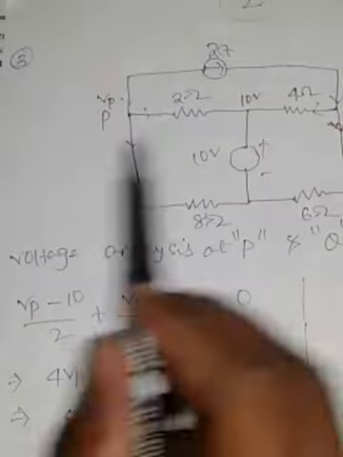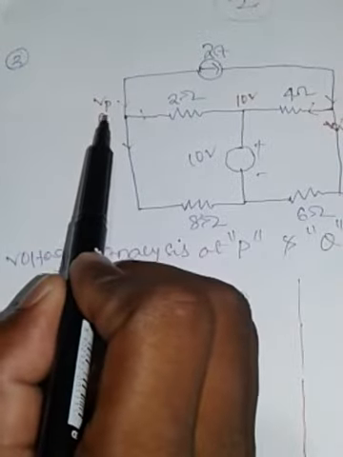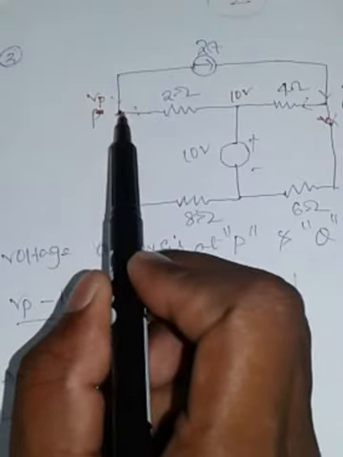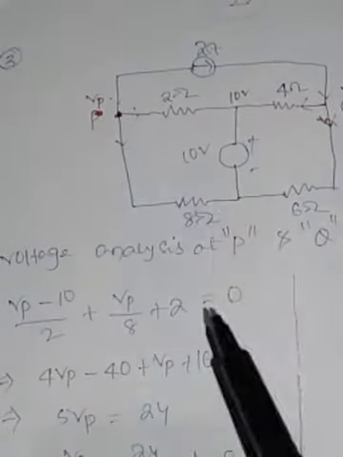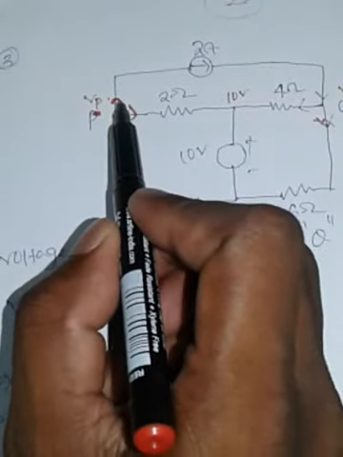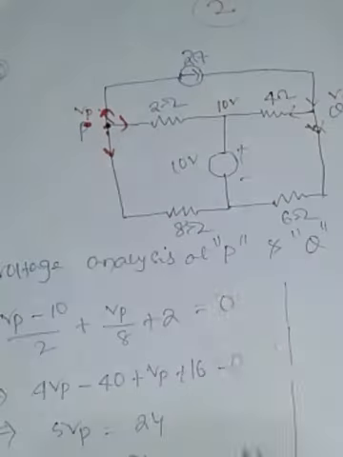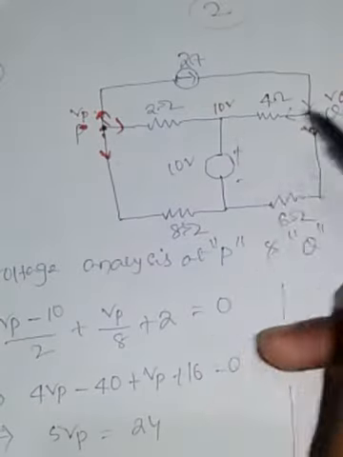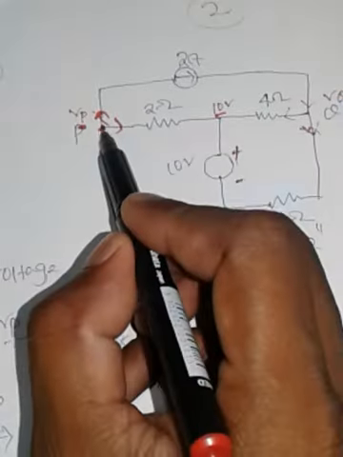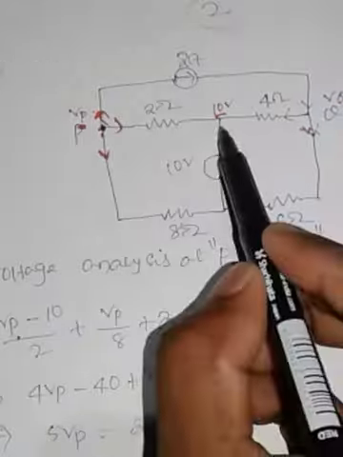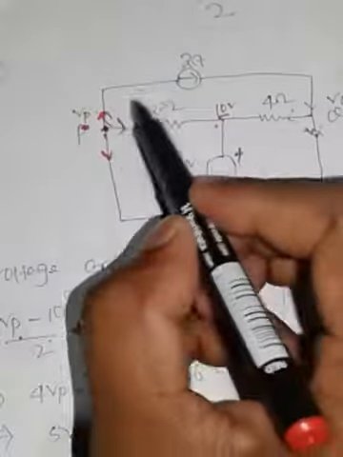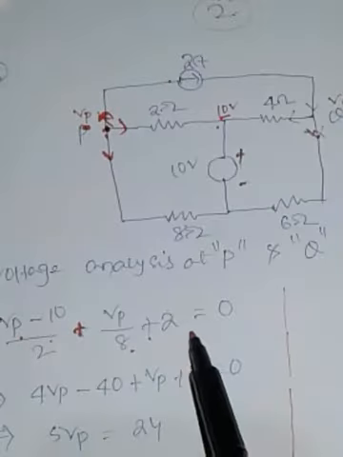This is the figure they have given. Let's consider this node's potential to be VP, and consider all the currents going away from this point. Applying nodal analysis: (VP minus 10) by 2 plus VP by 8 plus this current, which is already going out, is equal to 0.